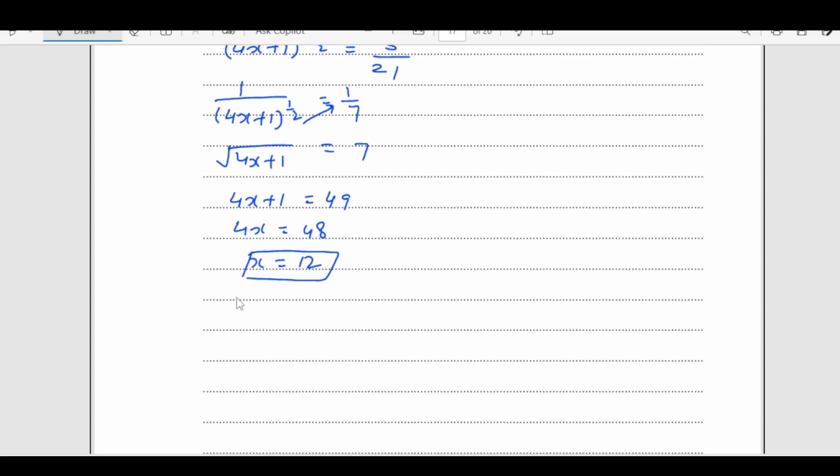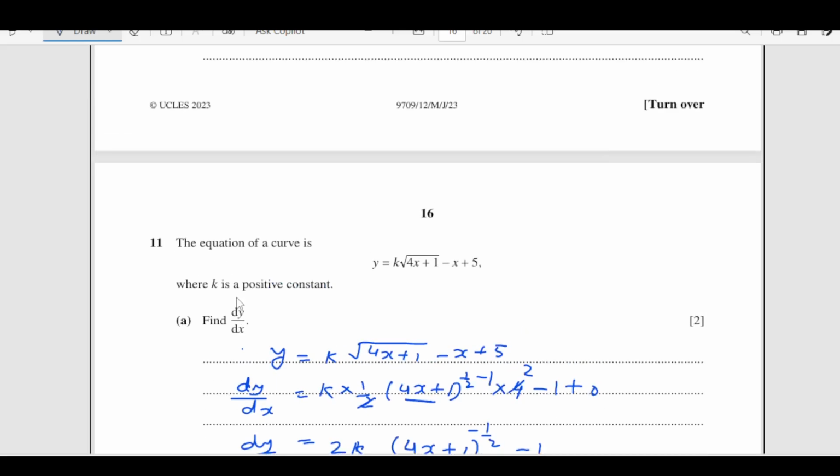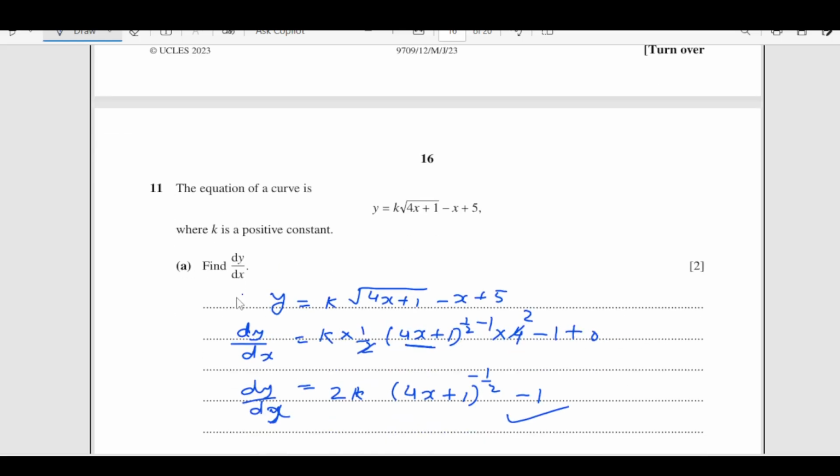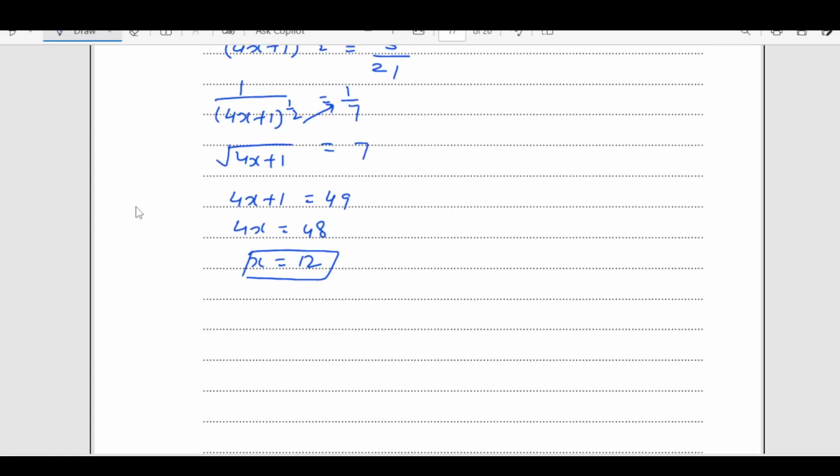Once we have the value of x, we can take the curve y and substitute the values here. Now y is equal to k into the square root of 4x plus 1, minus x plus 5.